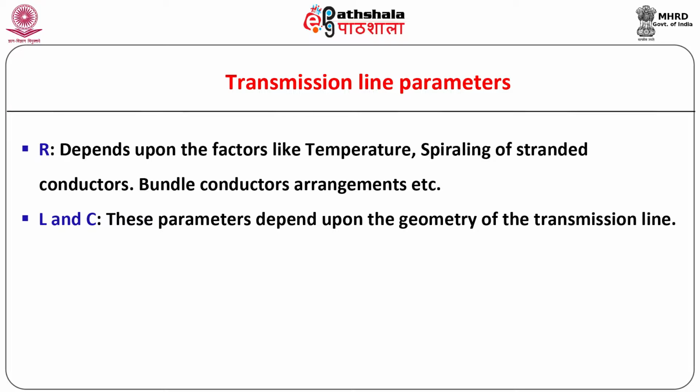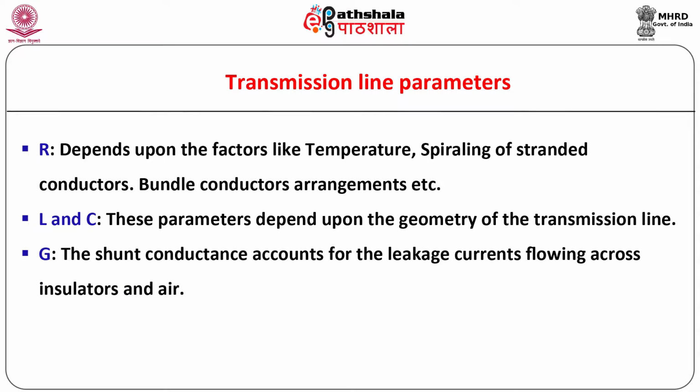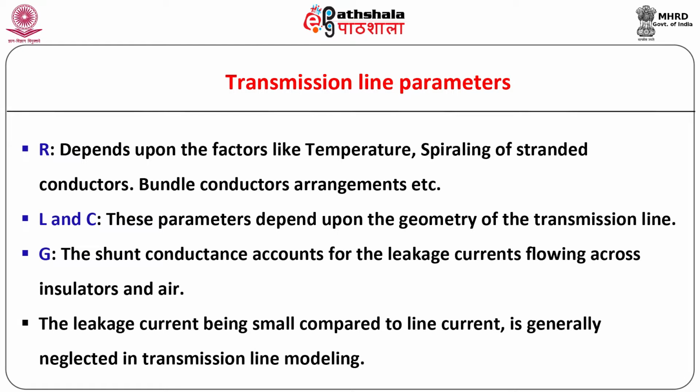Generally, the transmission lines are insulated and have air as the surrounding medium. The shunt conductance accounts for the leakage current flowing across the insulator and air. The leakage current, being small compared to the line current, is generally neglected and not taken into consideration in transmission line modeling.